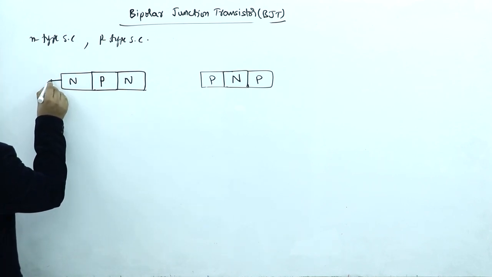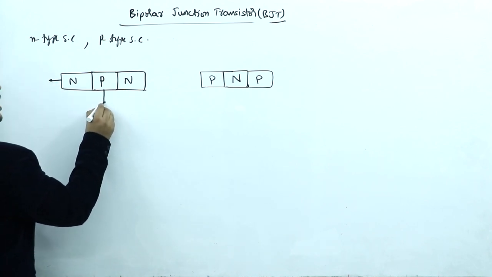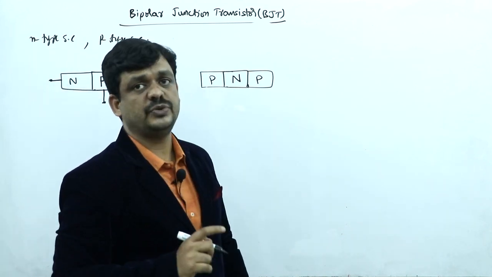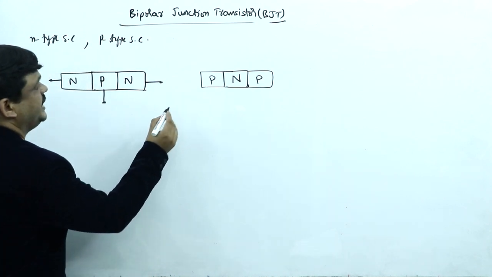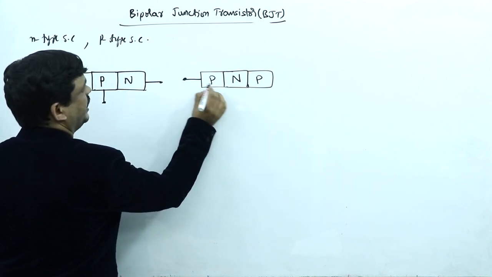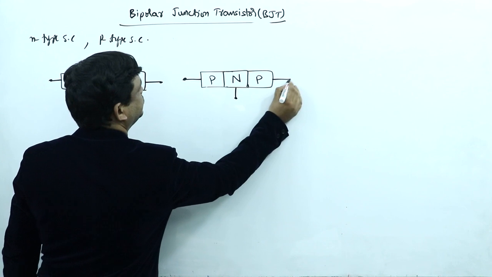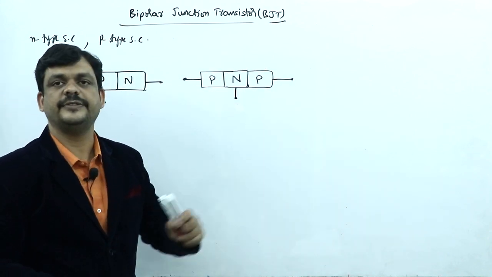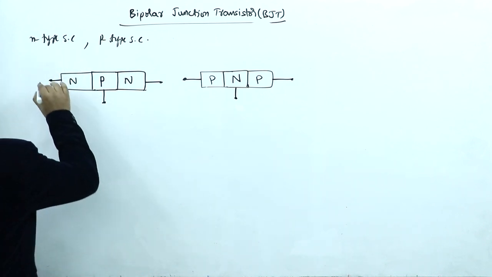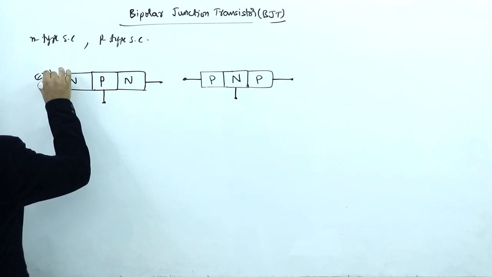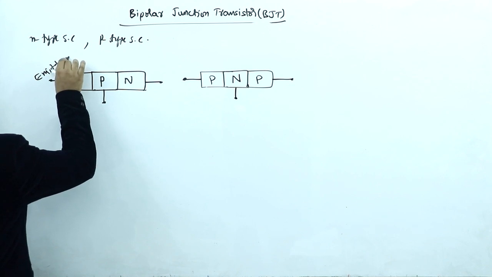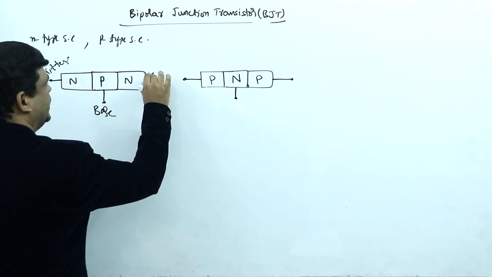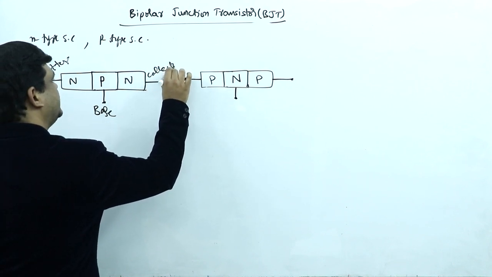From each semiconductor we take one terminal outside. Here 3 semiconductors are there, so I take 3 terminals. This is the basic electronic device, a 3-terminal device. Those 3 terminals: one is emitter, the middle one always acts as base, and another acts as collector.